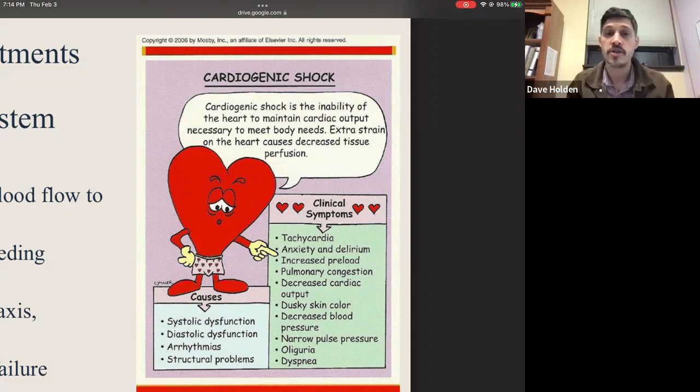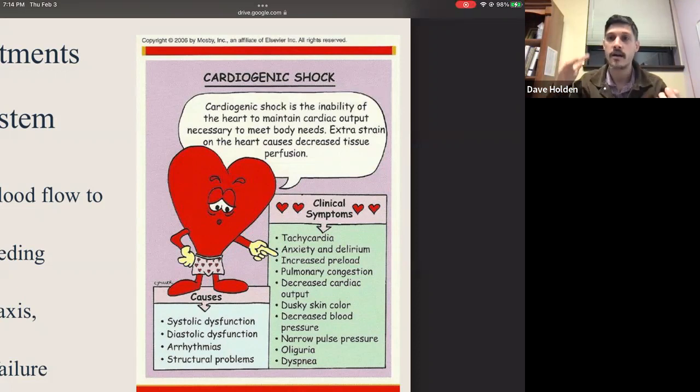What causes cardiogenic shock? Systolic dysfunction or diastolic dysfunction. Well, the heart messes up either beating or relaxing. I don't know what the heart does other than beat and relax. But with systolic and diastolic dysfunction, something goes wrong with the heartbeat, or something goes wrong with the in-between phase when the heart relaxes.